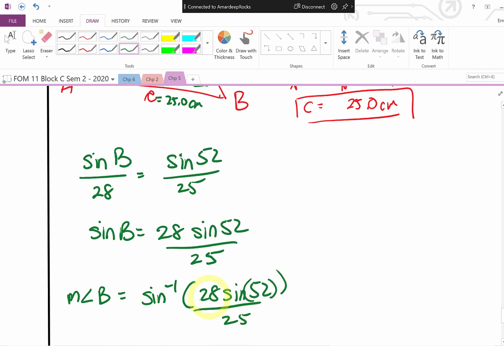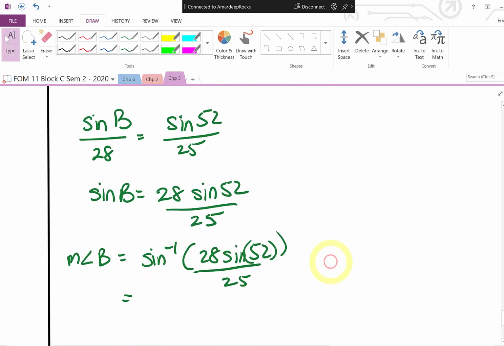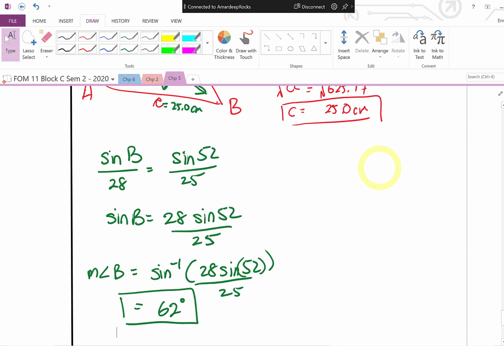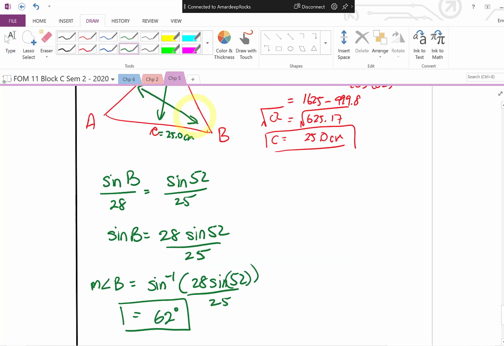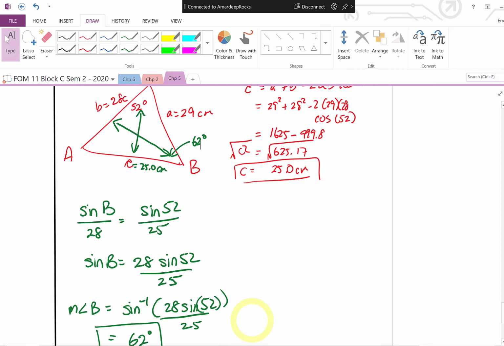Be careful with the brackets, everybody. Okay, I'm not going to show you the work. Angle B works out to 62 degrees. So let me shrink this back. I know this now becomes 62 degrees.